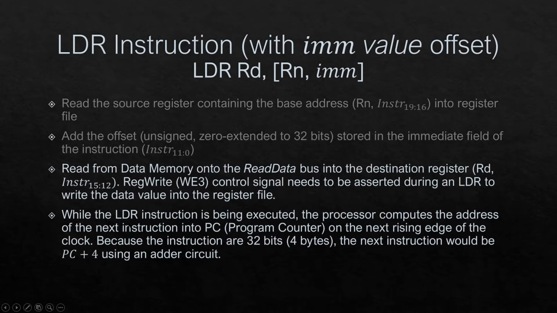While the LDR instruction is being executed, the processor computes the address of the next instruction into the PC, or the program counter, on the next rising edge of the clock. Because the instructions are 32 bits, or 4 bytes, the next instruction would be PC plus 4, using an adder circuit. An adder circuit, if you remember, is the ALU, or Arithmetic Logical Unit.